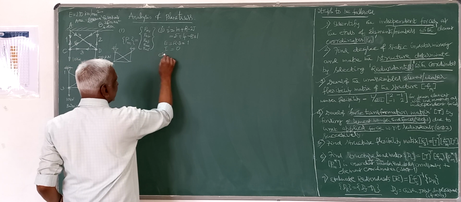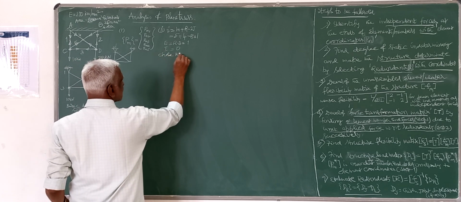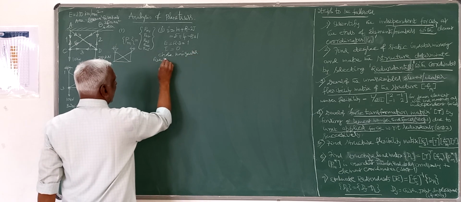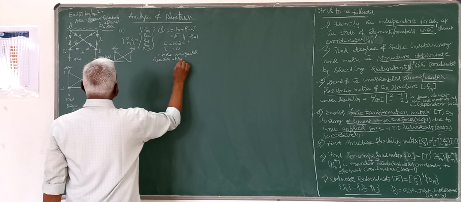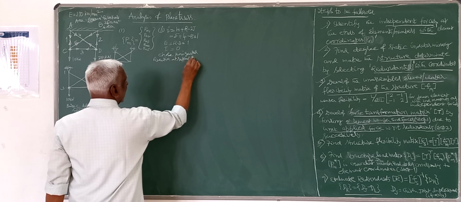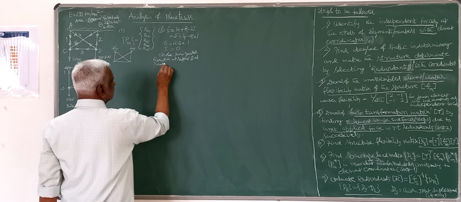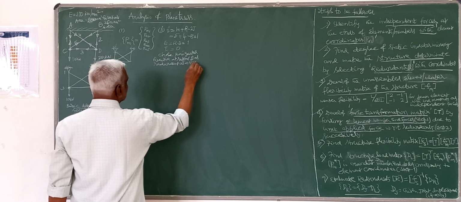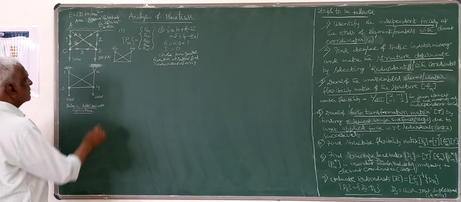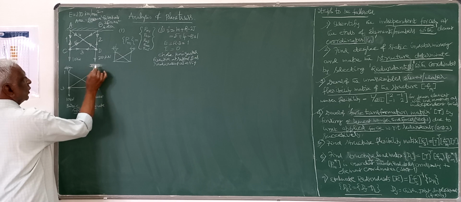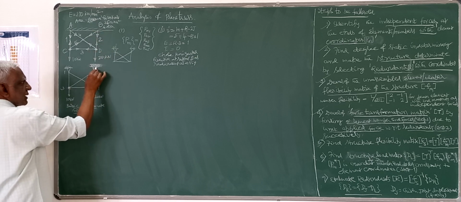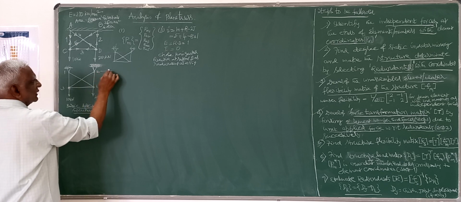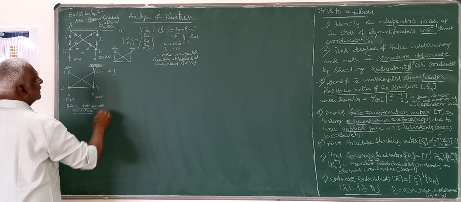So I will say here, choose horizontal reaction at support B as redundant, as in figure. So to choose like this, I have to make this support B a roller support instead of hinge, which is given, and since I made it roller, this is that coordinate which I have removed.